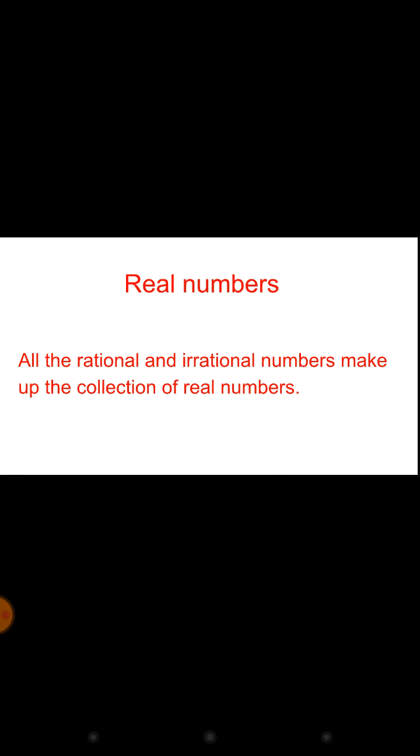Now students, after irrational numbers we come to the next topic, that is real numbers. Let's see its definition. All the rational and irrational numbers make up the collection of real numbers. I repeat, all the rational and irrational numbers make up the collection of real numbers.